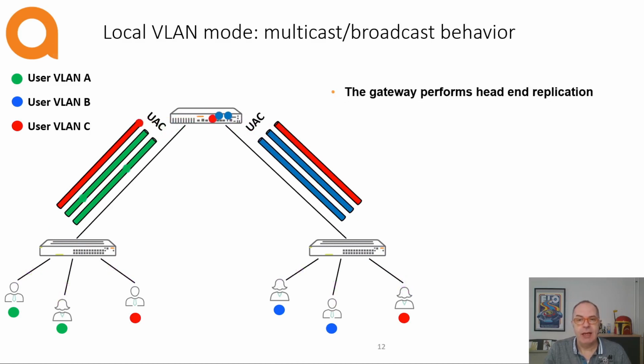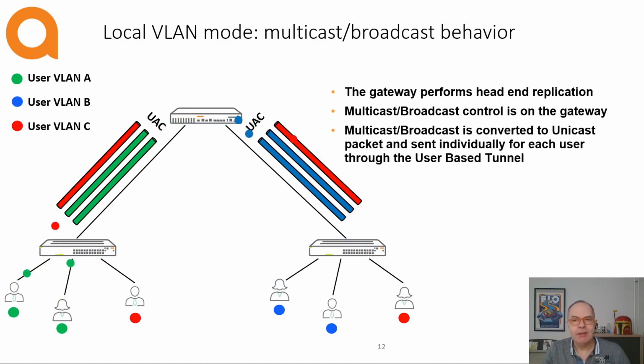If we take a look at traffic coming from the gateway going to the endpoints, for broadcast and multicast, the gateway performs head-end replication. So multicast and broadcast control is performed on the gateway. What happens is that multicast and broadcast traffic is converted to a unicast packet and is sent individually to each user through that user-based tunnel.